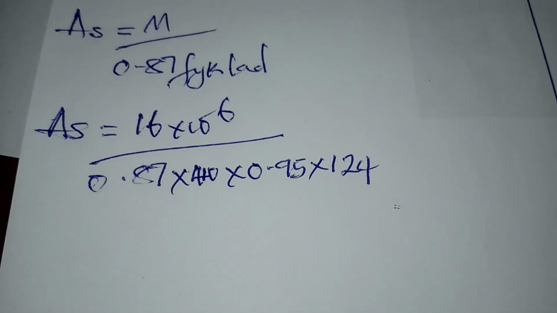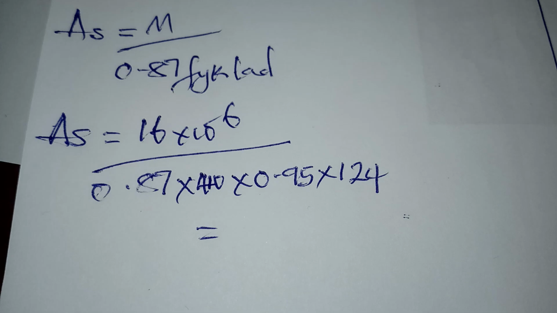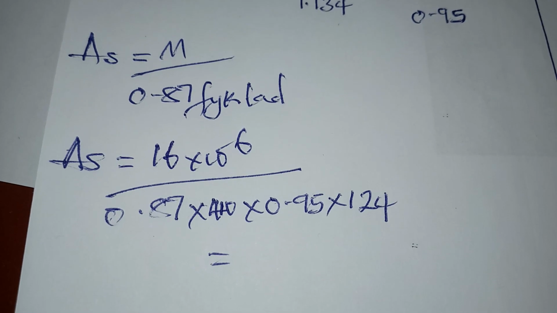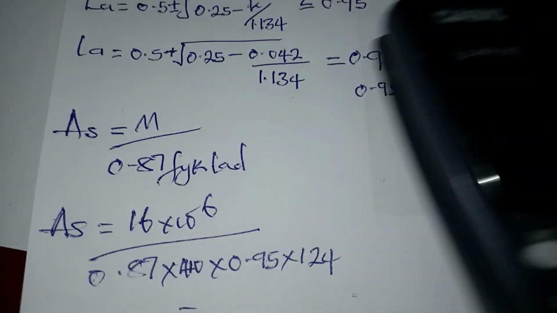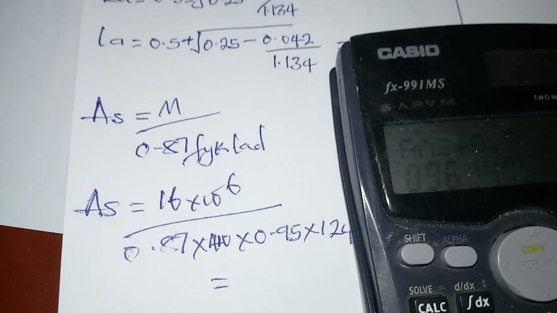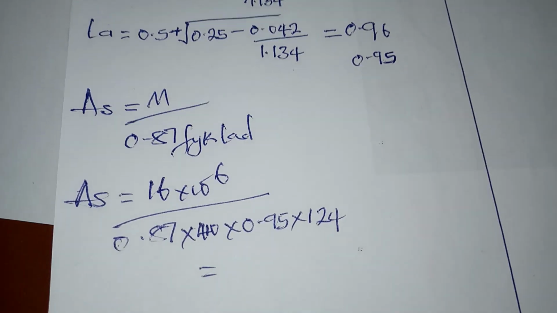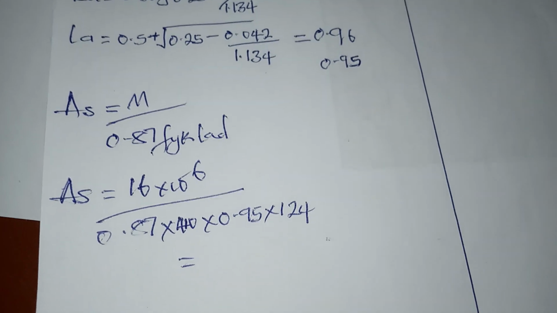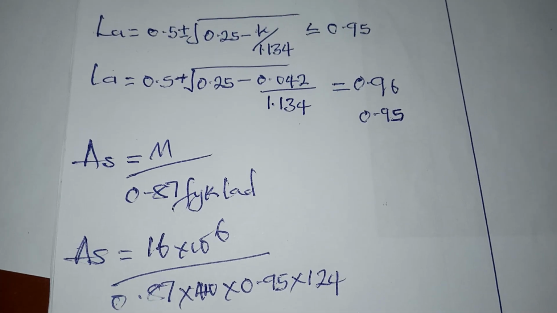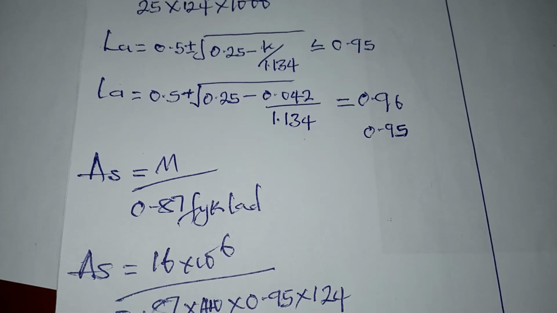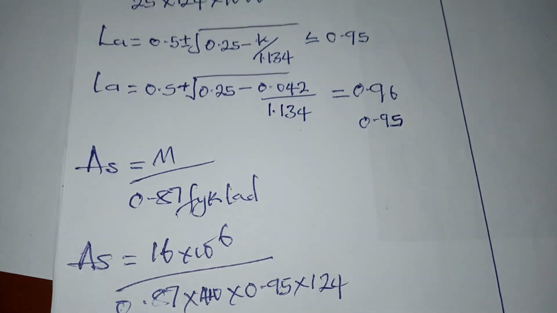After simplification, we have an area of reinforcement of 349 millimeter square.